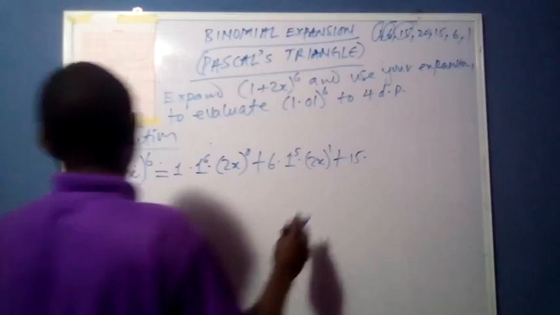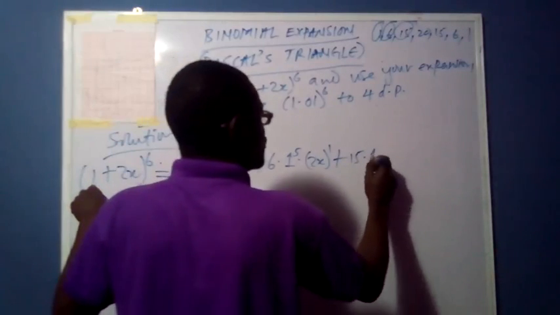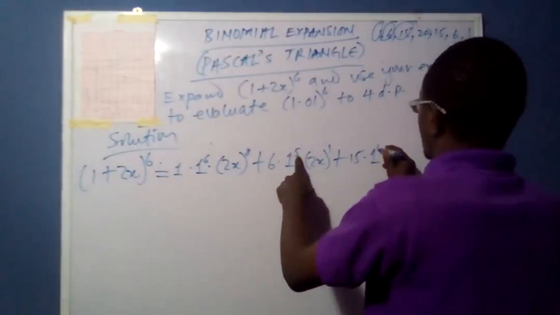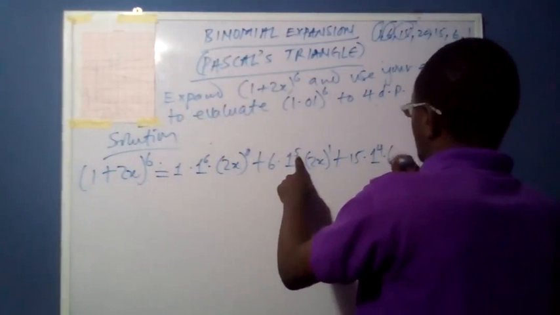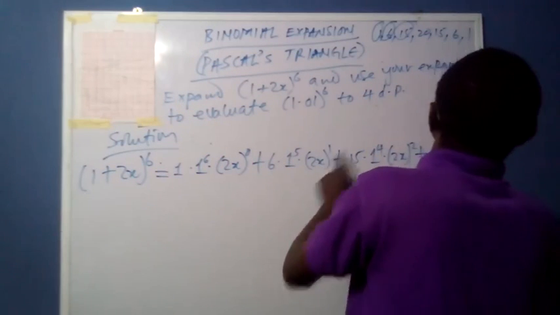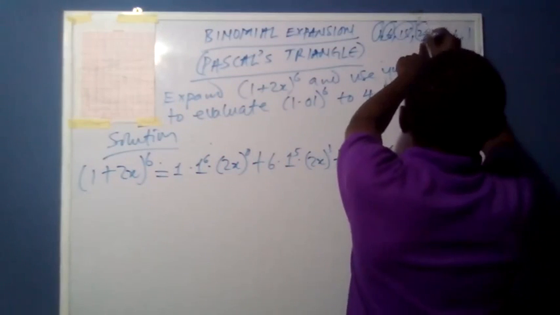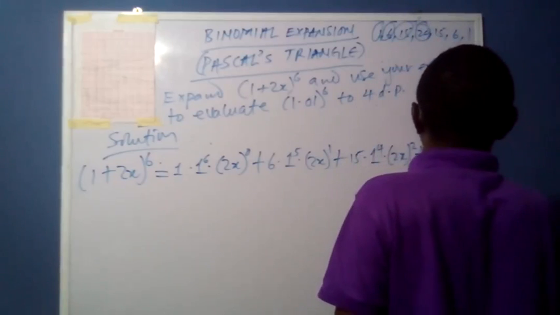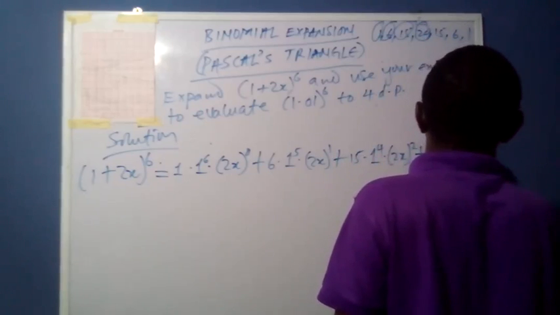Plus the next coefficient is 15 multiplied by the first term, 1. It was raised to power 5 before, so it's going to be raised to power 4, multiplied by 2x raised to power 2, plus the next coefficient, 20, multiplied by 1 raised to power 3, multiplied by 2x raised to power 3.